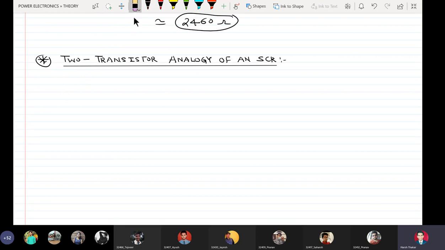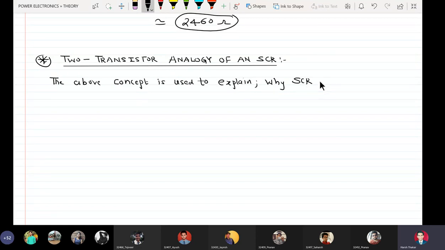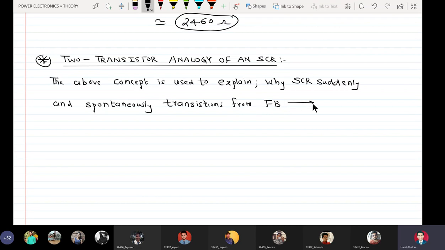The first: the above concept is used to explain why the SCR suddenly and spontaneously transitions from forward blocking to forward conduction state.